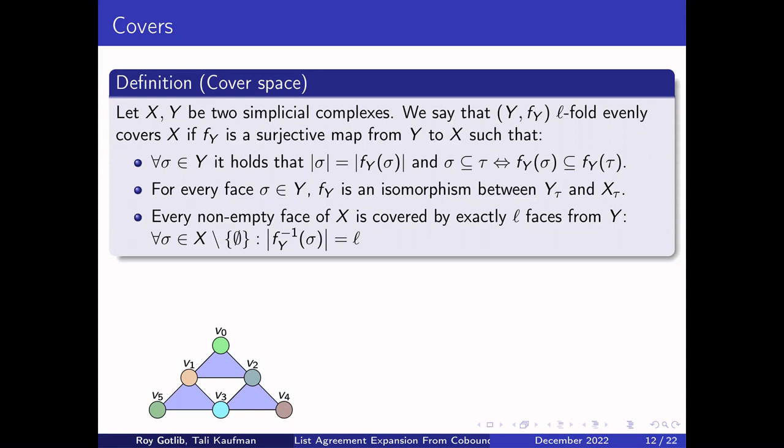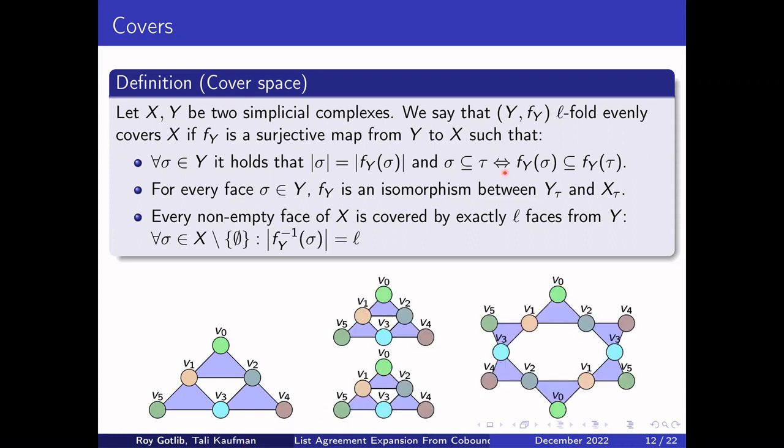Coboundary expansion is approached by considering the connection between covering spaces and near covering spaces. So let me first define a covering space. Given a simplicial complex, a covering space is a different simplicial complex equipped with a projection map that maps every face to a face of the same dimension, such that the pre-image of every face is a set of size L. For example, the pre-image of V1 would be these two vertices in this covering space and these two vertices in this covering space.